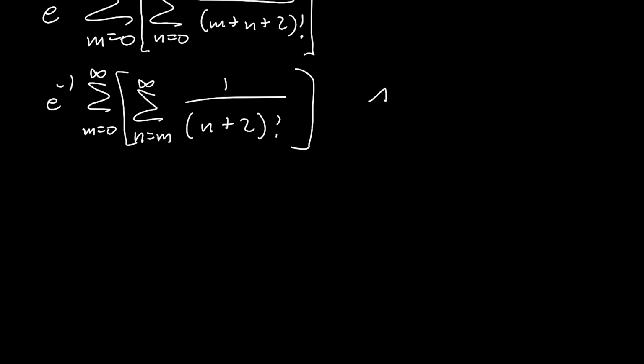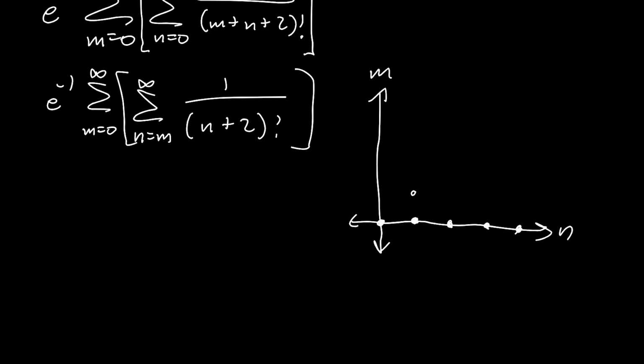So draw this little axis here, where the y-axis is going to be m increasing, and the x-axis is going to be n increasing. So if we just consider m being 0, we're going to start summing from n equals 0. So we have this point here at 0, then we'll say at 1, at 2, at 3, at 4, and so on. Now when m is 1, we're going to start summing from n being 1.